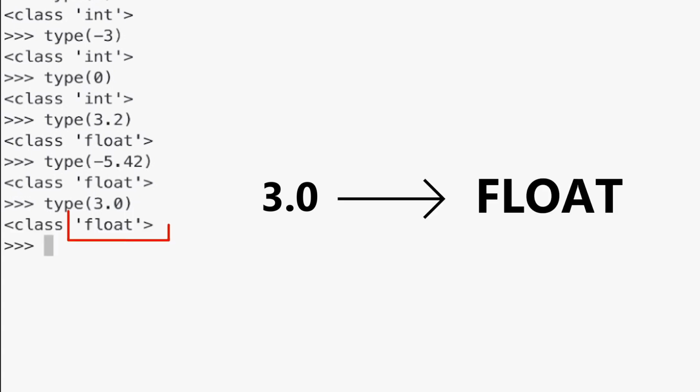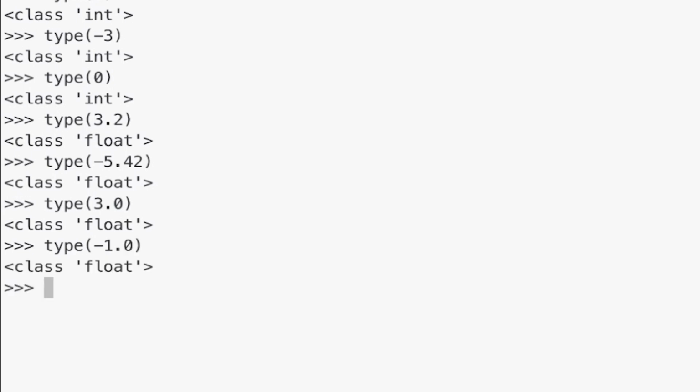And that's why we get that it is a float. Same thing if we say type of -1.0. It is also a float, or type of even 0.0. That is going to be a float as well.